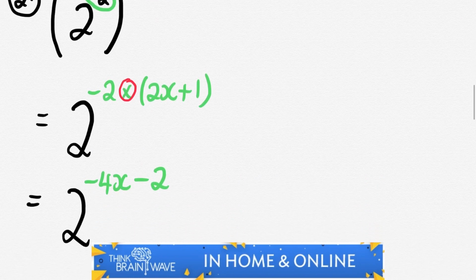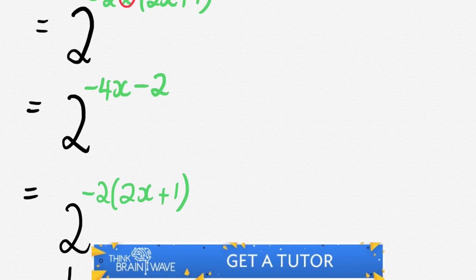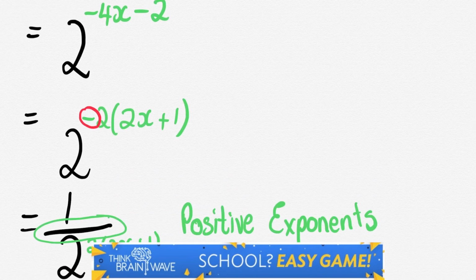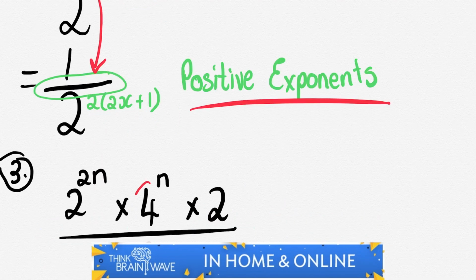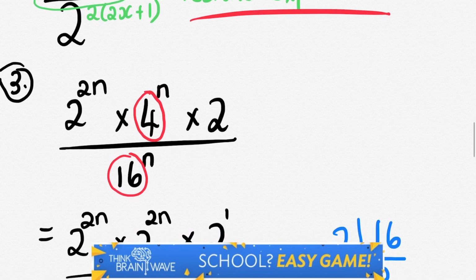We do FOIL, and we say minus 2 times 2x is minus 4x, minus 2 times 1 is minus 2. That minus means you need to take the base 2 to the bottom. So you have 1 over 2 to the power of 2, open bracket, 2x plus 1 with positive exponents. Easy game.